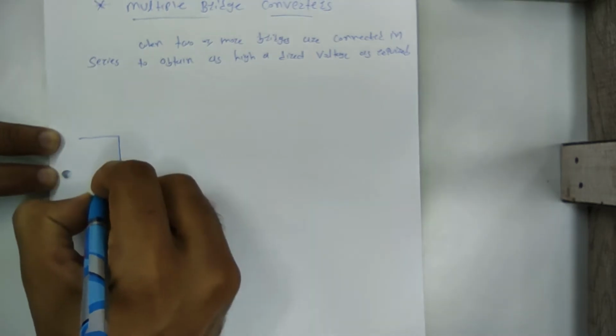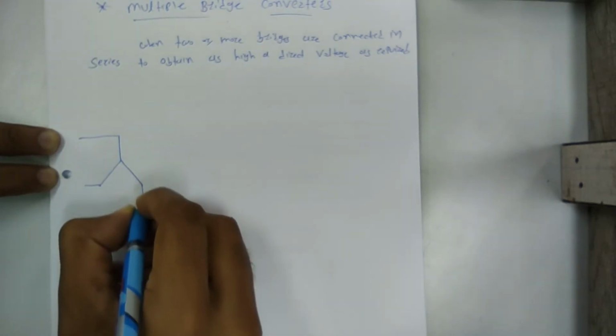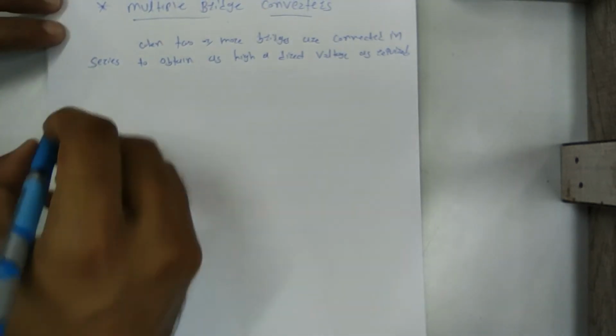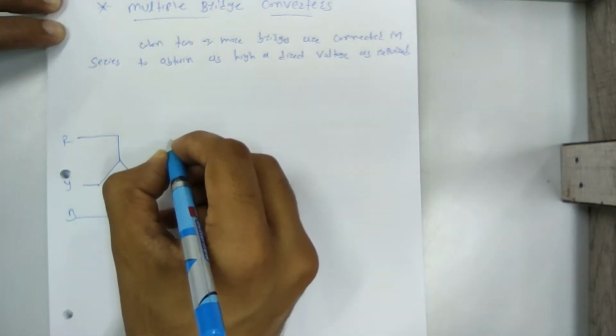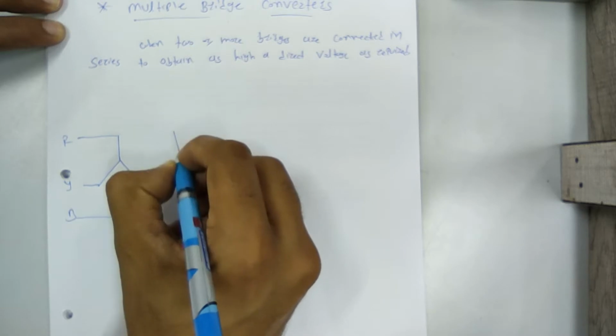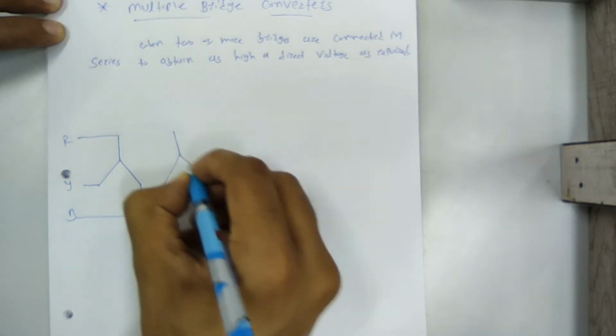So this is one transformer, RYB phase, primary star connected, secondary is also star connected.